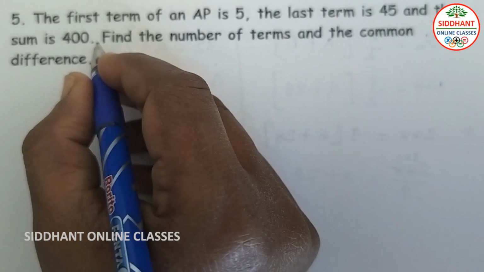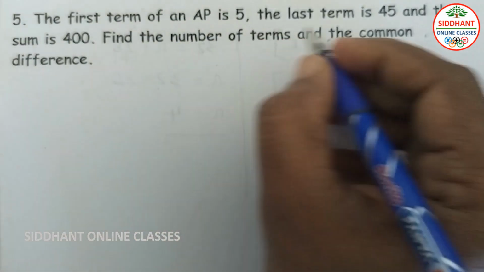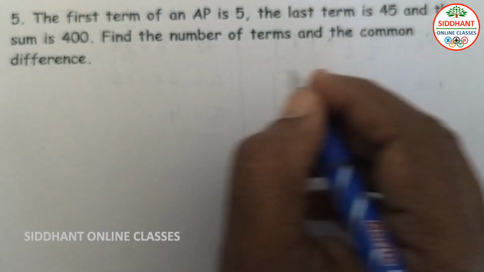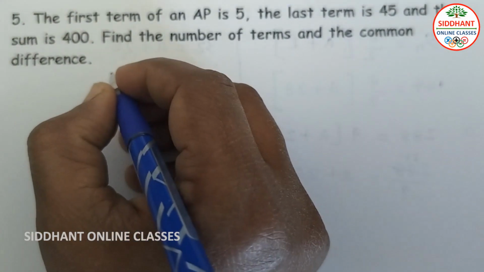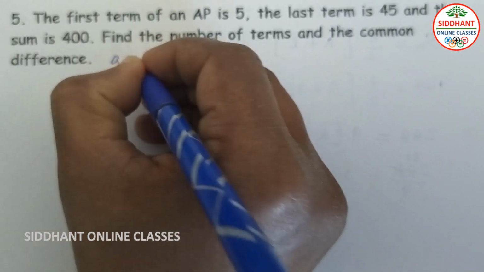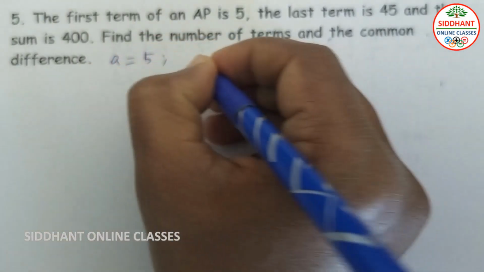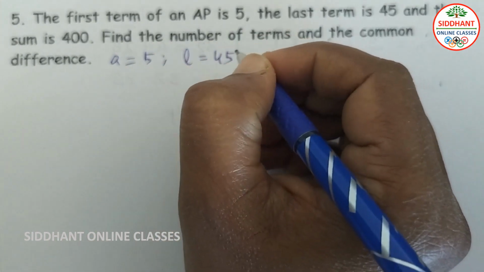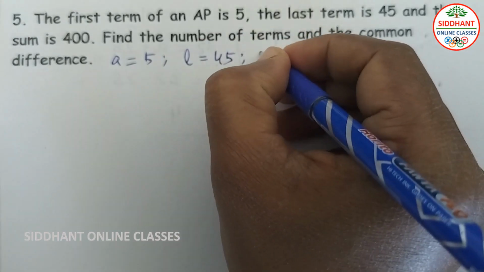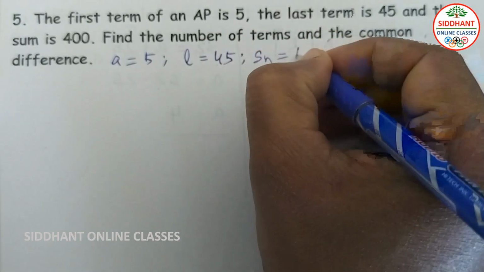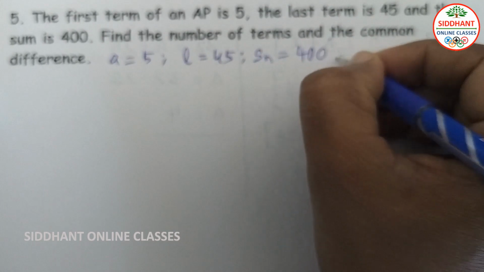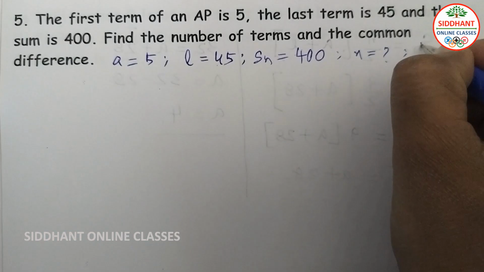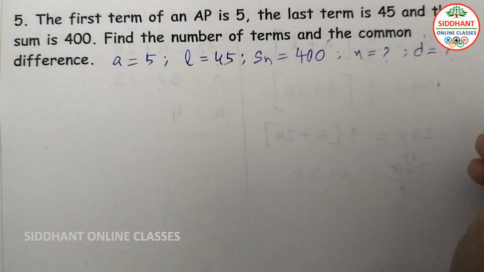Fifth one: the first term of an arithmetic progression is 5, the last term is 45 and the sum is 400. Find the number of terms and the common difference. So here the first term a = 5, last term l = 45, sum Sn = 400, and we are going to find the n value and the d value.